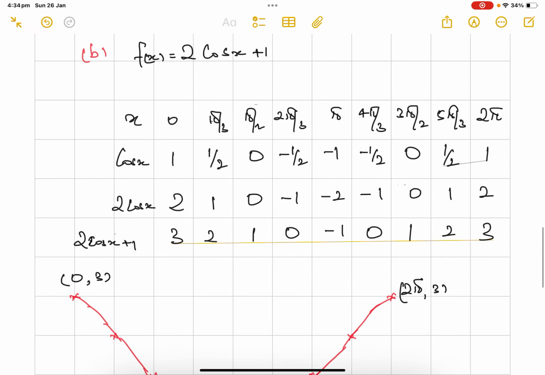So I made a simple table in order to sketch the graph. Start with x, cos x, 2 cos x, and 2 cos x plus 1. That is what f(x) is. The values for x are 0, pi by 3, pi by 2, 2 pi by 3, pi, 4 pi by 3, 3 pi by 2, 5 pi by 3, and 2 pi.